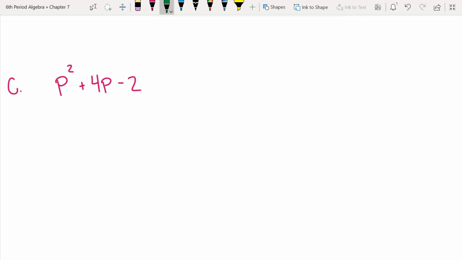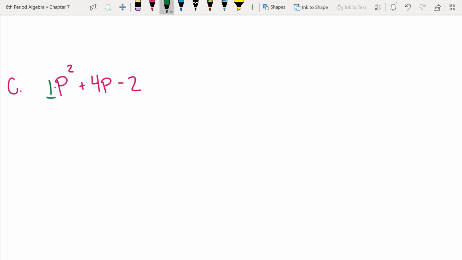Okay, so first thing I have to do is try to figure out, is there a GCF? Is there a greatest common factor? Well, I do not see a variable in every term, so the letter P is not going to be a GCF. Now let me think about, is there a number? Maybe there's a number they all have in common. Well, in front of p squared, there's technically a coefficient of 1.